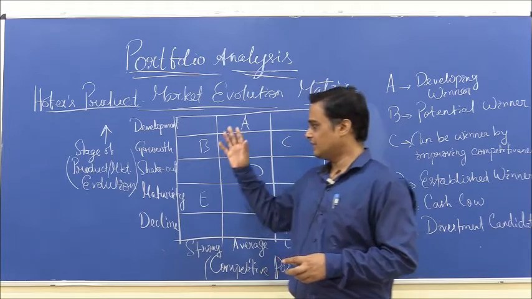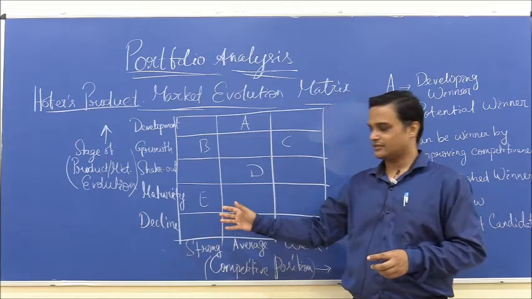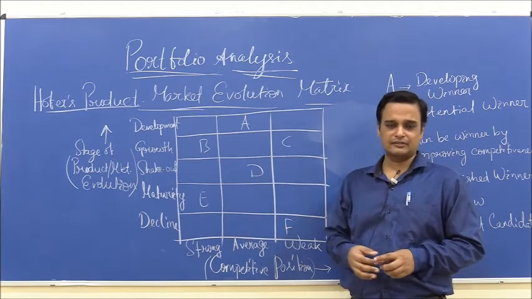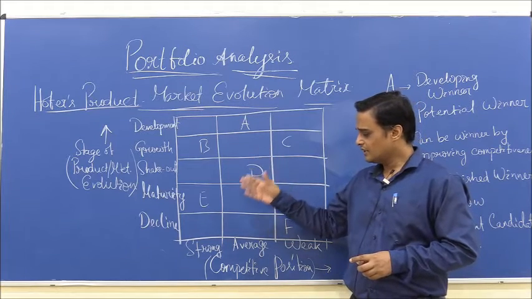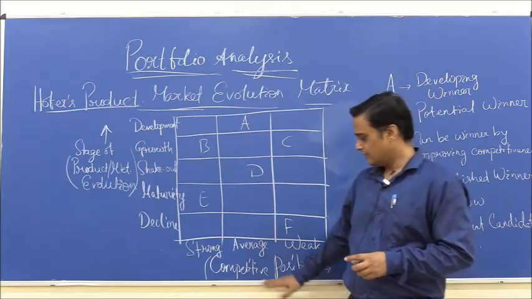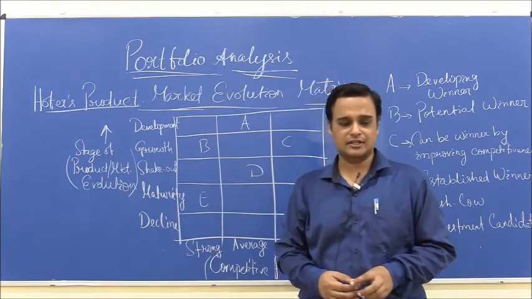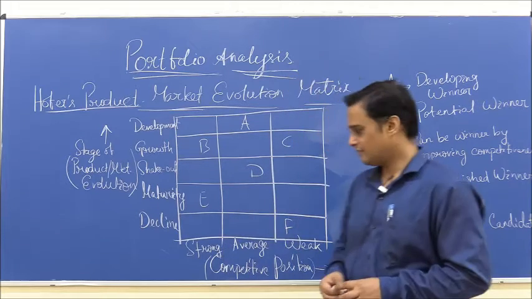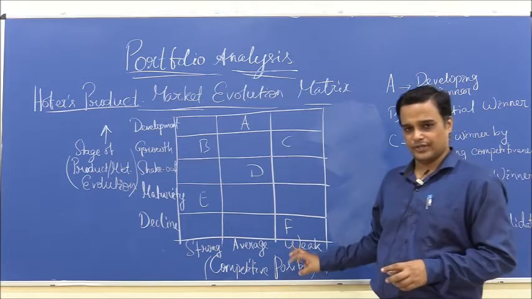So, that is a brief description about the y axis of the Hoffer's product market evolution matrix, and the x axis has competitive positions. Now, as we have discussed in the BCG matrix and the GE 9 cell portfolio matrix, we have seen what makes a business strong or weak.